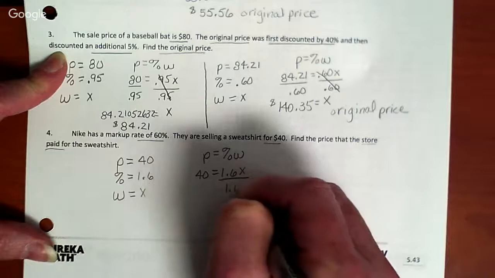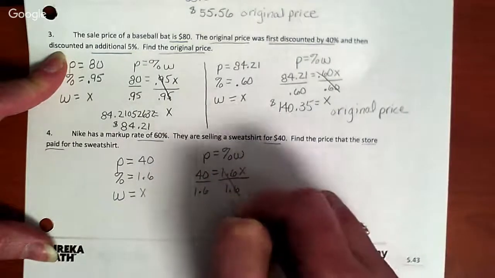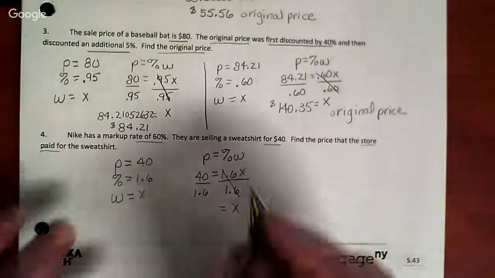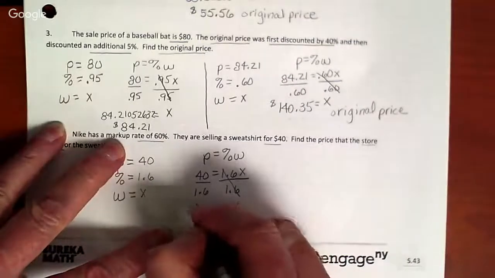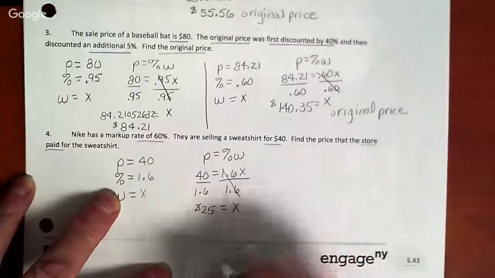We're going to divide each side by 1.6. Our x is going to equal $25, which is what the store paid.